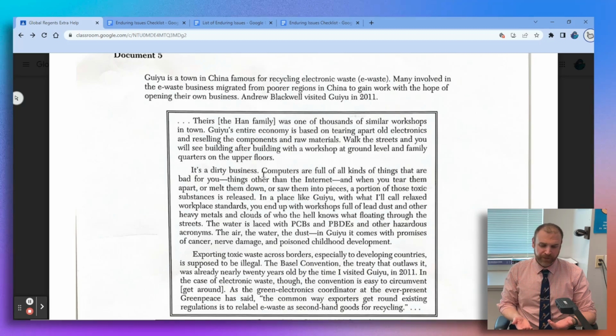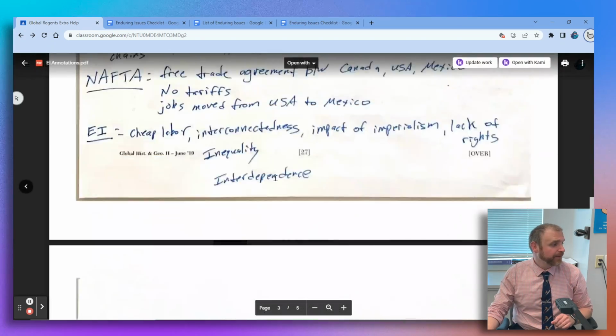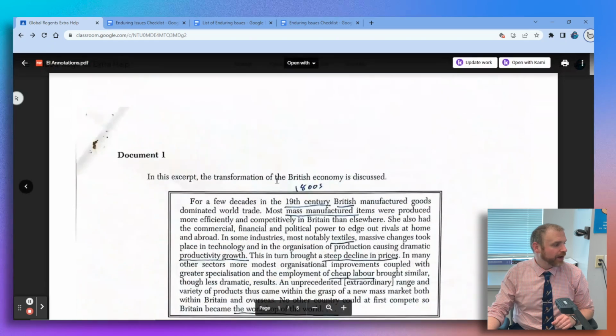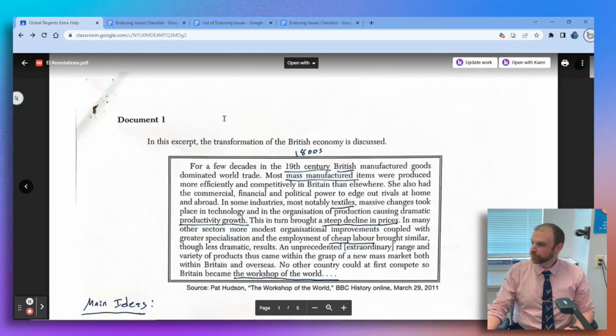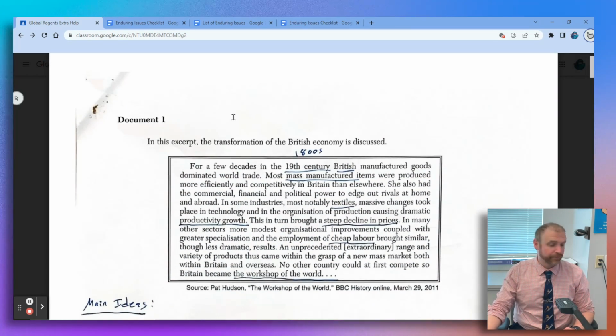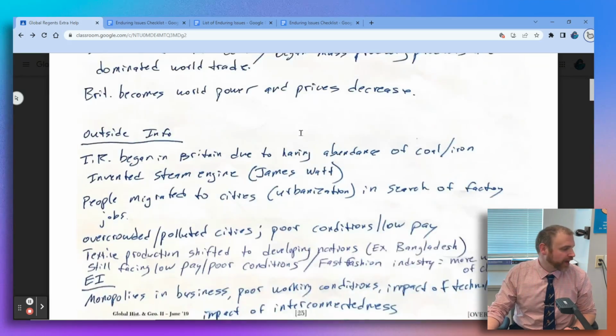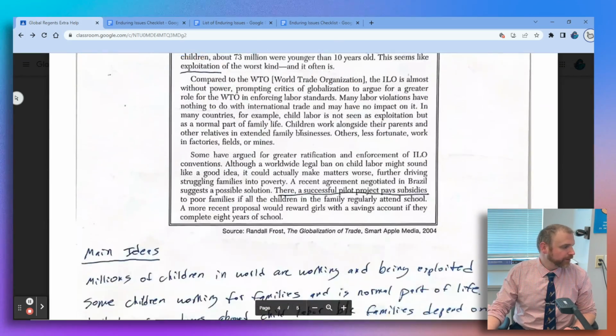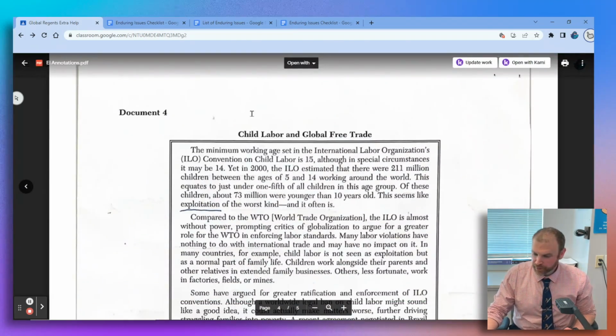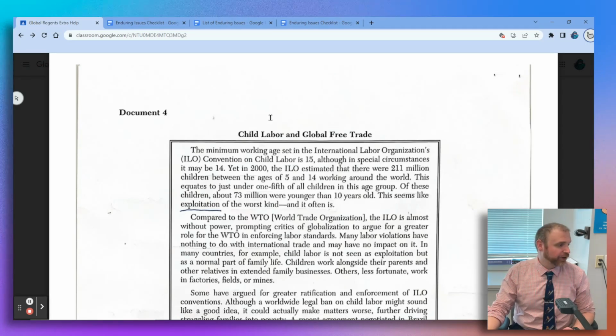Hopefully a little bit. Okay, so if you're following along, if you have a copy of the Regents Exam, why don't you go ahead and write on top of document 1, maybe call this Industrial Revolution in Britain. That's the name you're going to give that document. Since we're going to use document 4 here, why don't you call this one child labor around the world?